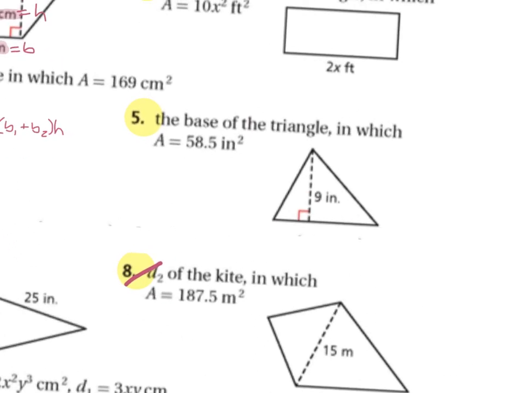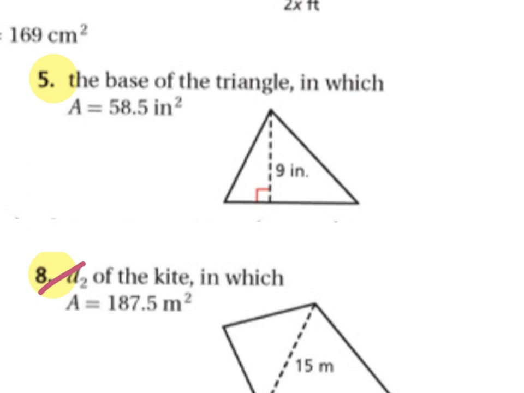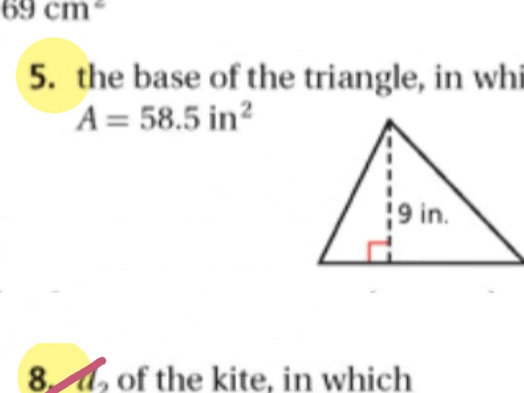Okay, so now to number 5. We need to find the base of the triangle, and it gives us the area. So we know the area of a triangle is 1/2 base times height. So we're just going to put this 58.5 in for our area.